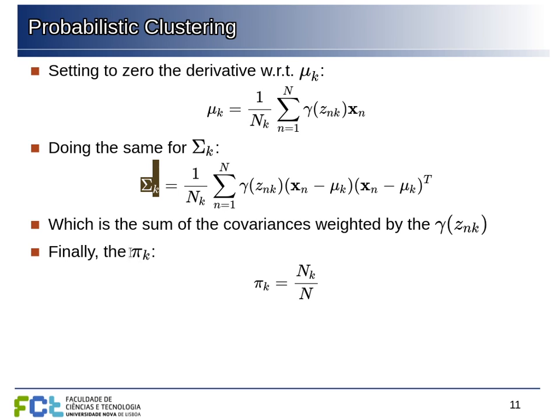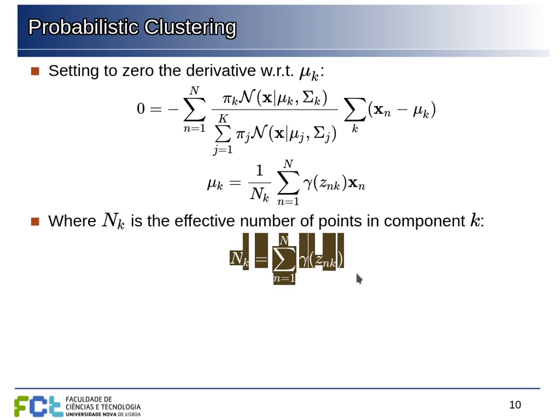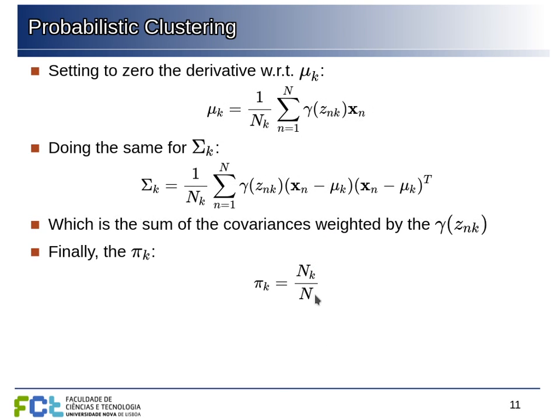And finally, the fraction with which each particular Gaussian distribution K contributes to the mixture. This is given by the fraction between the effective number of points, so the sum of all of these probabilities for the cluster K, for the Gaussian distribution K, divided by the actual number of points.